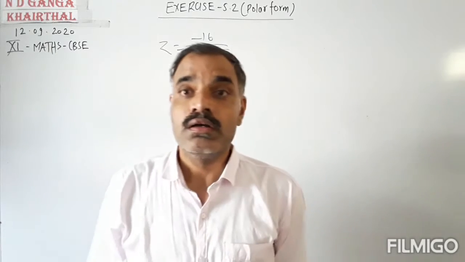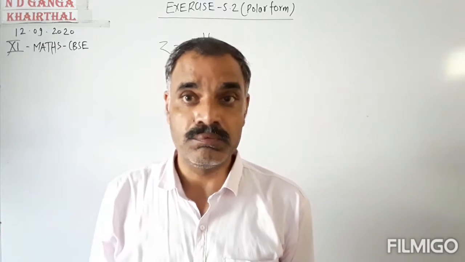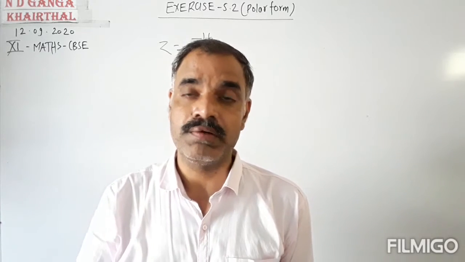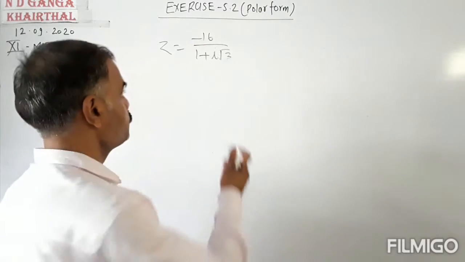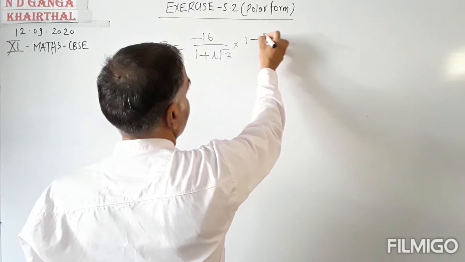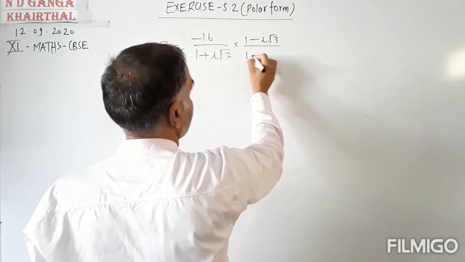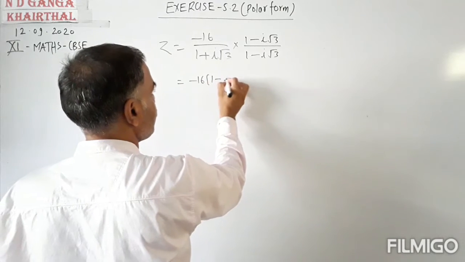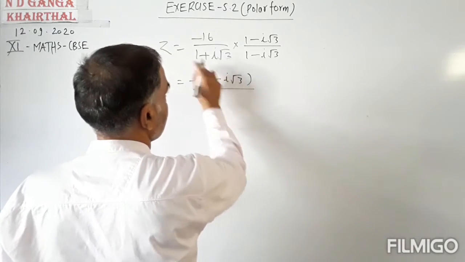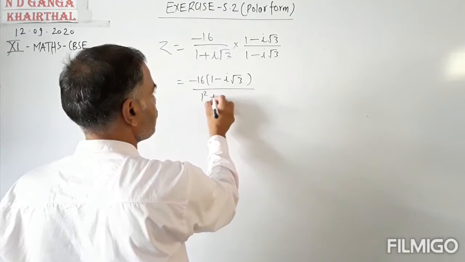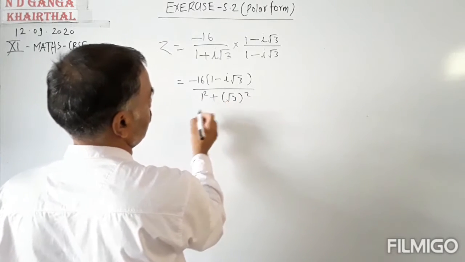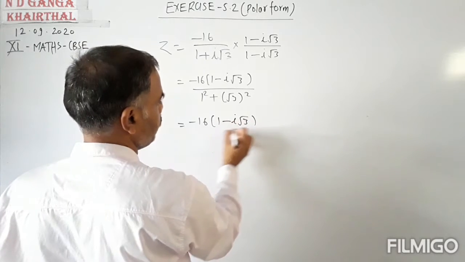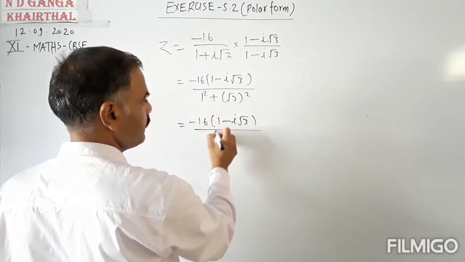The complex number is given in rational form, so we have to rationalize this first by multiplying by its conjugate. Conjugate means multiplying by 1 minus iota under root 3. So this equals minus 16 into 1 minus iota under root 3 upon 1 square plus under root 3 square, which equals minus 16 times 1 minus iota under root 3 upon 1 plus 3, that is 4.